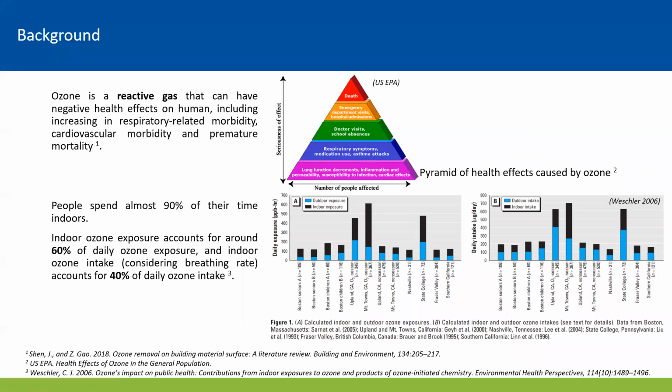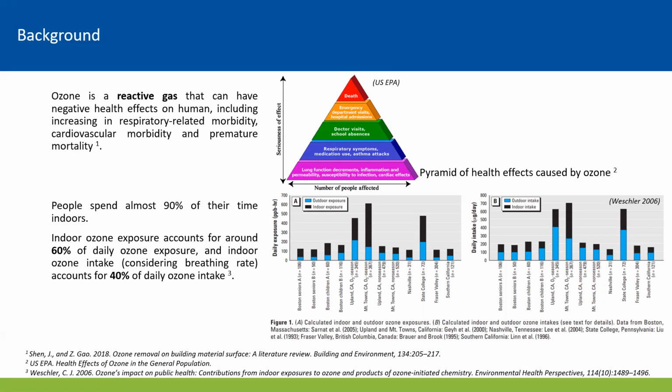Ozone is a very reactive gas that can react readily with many other chemicals. It can also impact people's health. For example, it can have negative health effects on lung functions, increase respiratory related disease, and even result in premature mortality. Generally speaking, outdoor ozone concentration is usually higher than indoor concentration. However, considering that people spend almost 90% of their time indoors, the indoor exposure may be considerable.